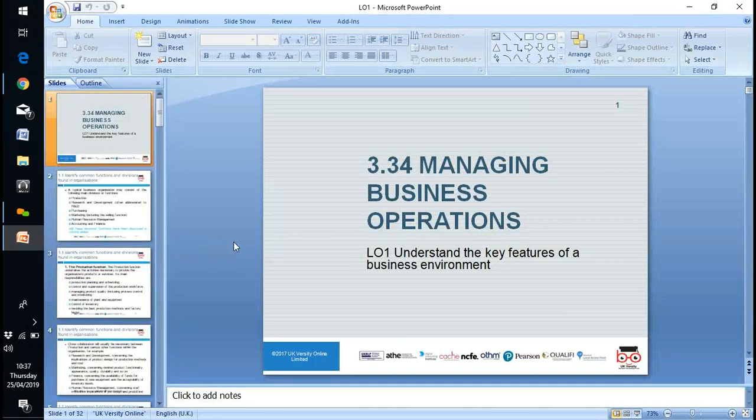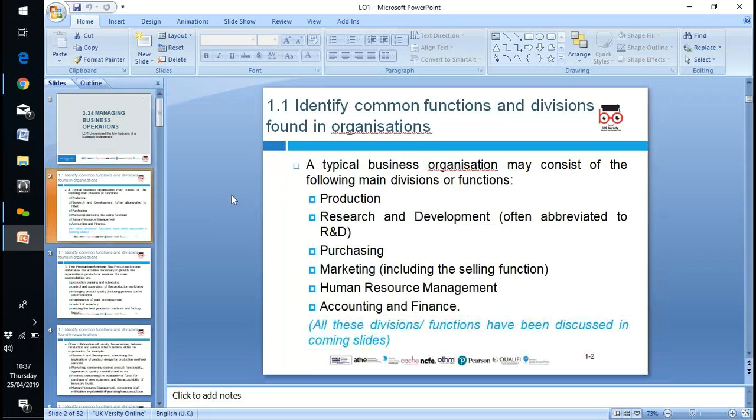Now, there are 32 slides on here, which I'm not going to insult your intelligence by going through each one with you, but I'll have a look at the early ones, just put you in the position. So it's looking at common functions and divisions found in organisations.